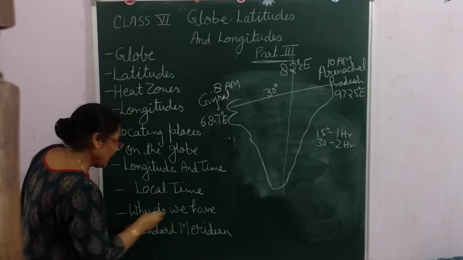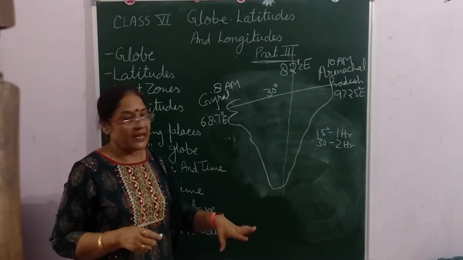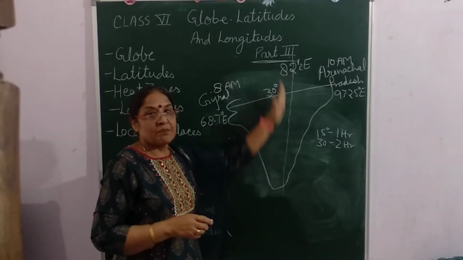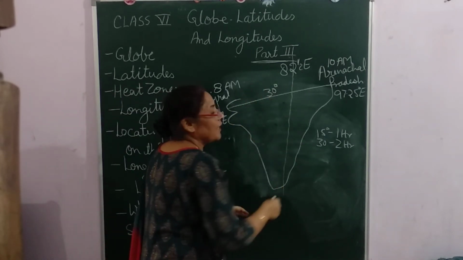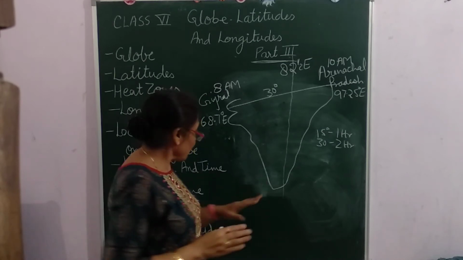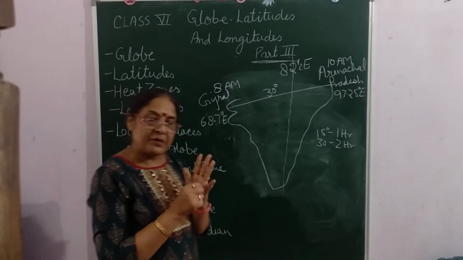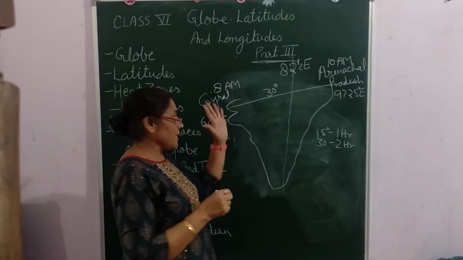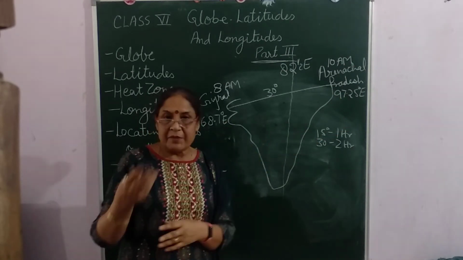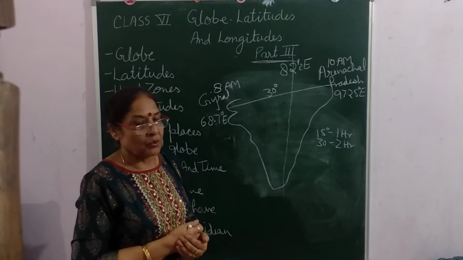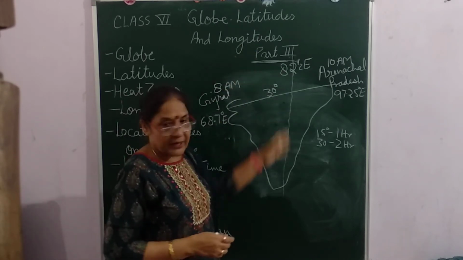That's why it's very important to have a standard meridian of India. It creates a lot of problems: train timings would be different, if a train is running from here at 8 o'clock, there it would be 10 o'clock. There would be problems in flight timings and in banking. So to avoid all this type of confusion, we take one meridian.